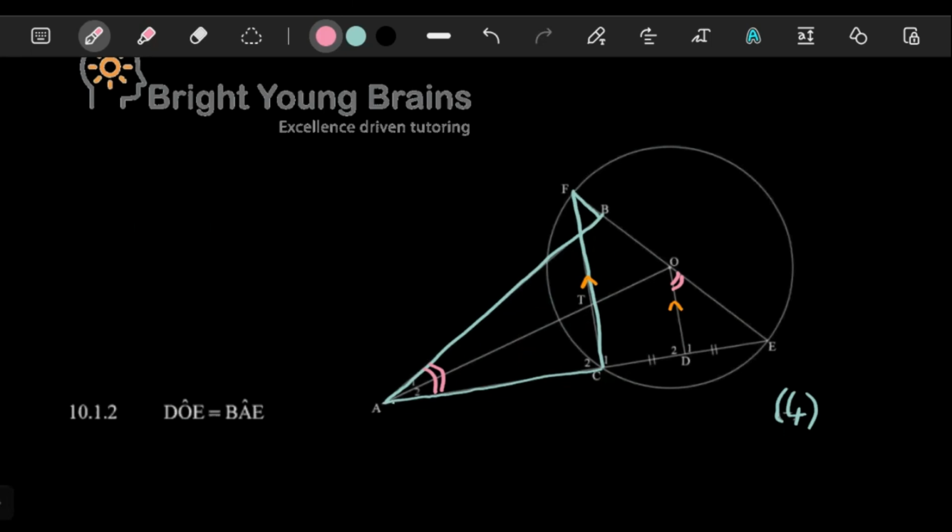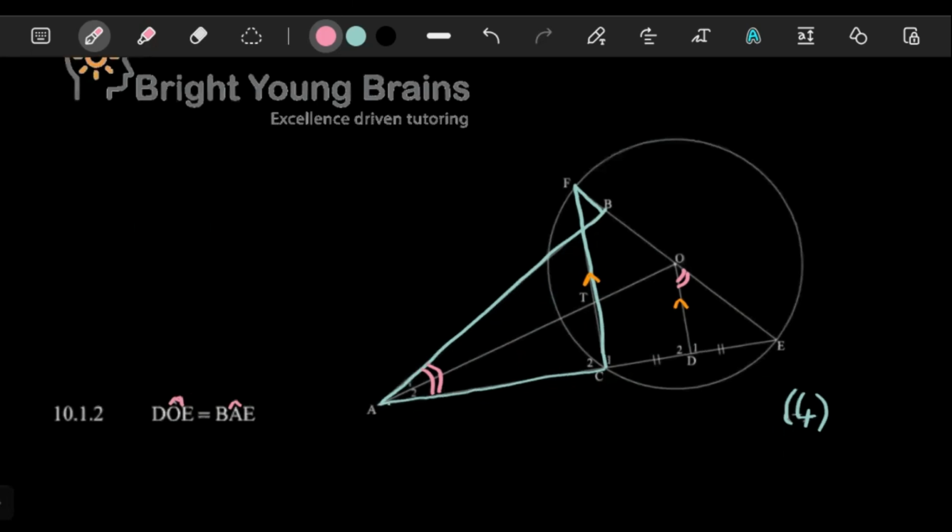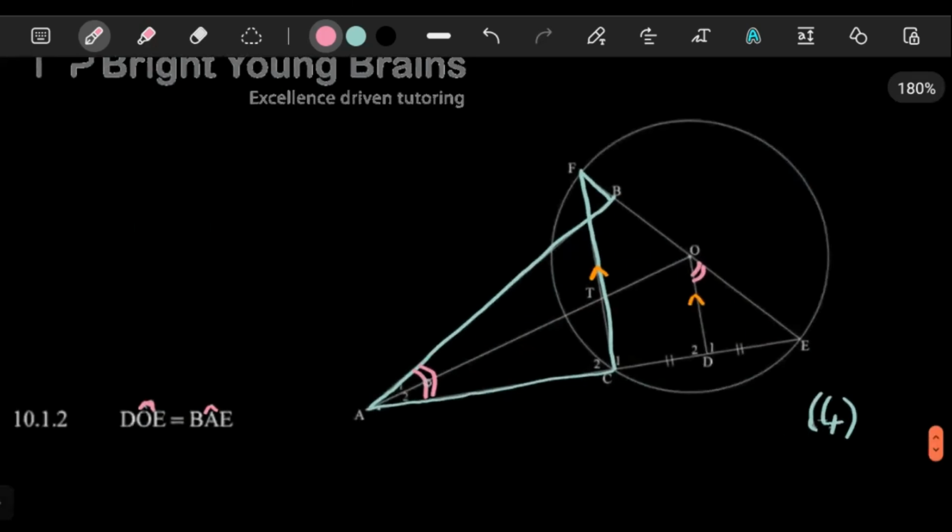Okay, let me put it this way. Remember, you're trying to just show that angles are equal here. The easiest way to show that angles are equal is to focus on those individual angles and find what they are individually equal to. For example, what angle is equal to A that you can see? F. Yes, that's where you start.